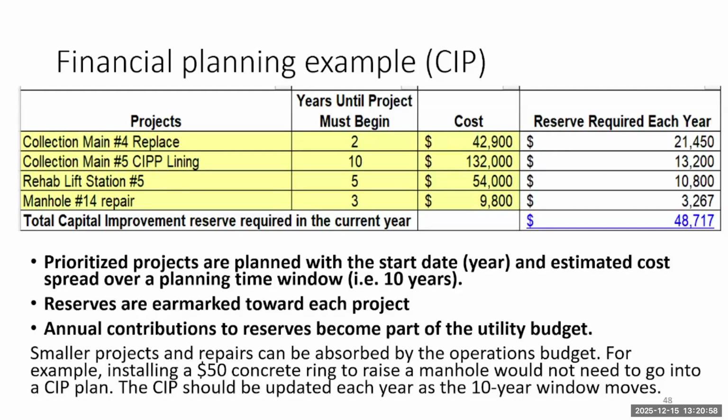Prioritized projects are planned with a start date and estimated cost spread over the planning time window. So that's the idea where we're taking the cost and dividing that by the number of years to the project.